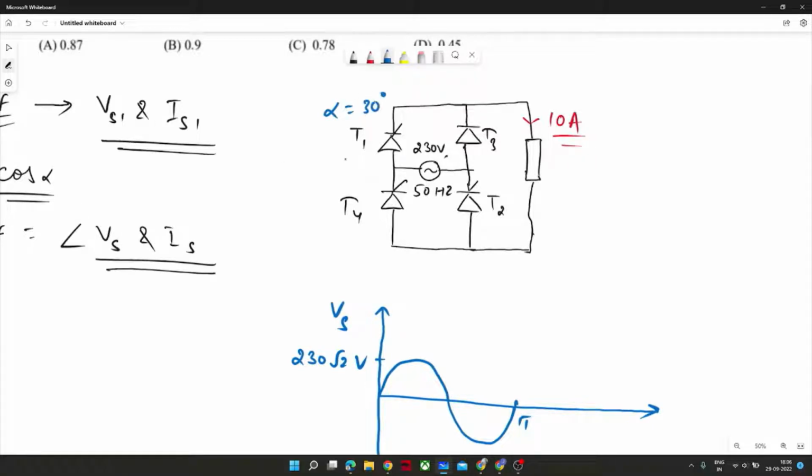So at 30 degrees, T1 and T2 will be turned on, and this load would be in forward connection, right? Like this. T1 and T2 would be on.